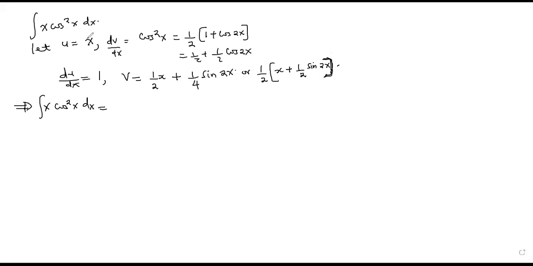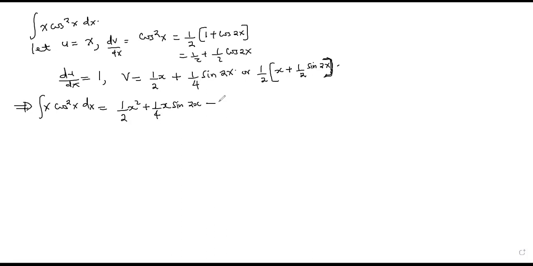So I will multiply x into this. So it is going to be a half x squared, if I multiply x into that, plus a quarter x sine 2x. In other words, for uv, I'm multiplying x into v. So it is a half x squared, a quarter x sine 2x, sorry.